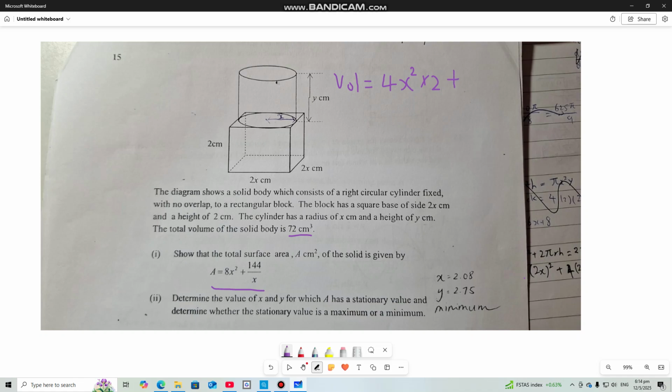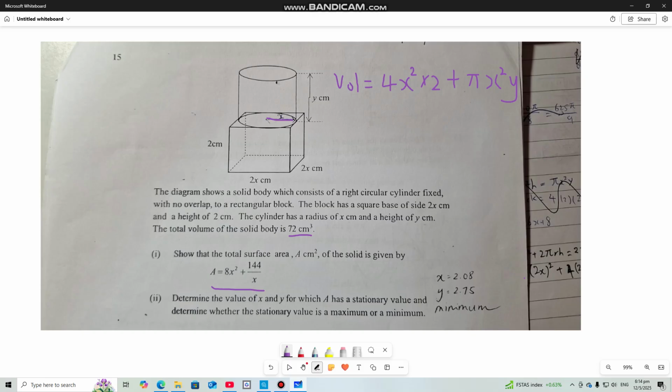That will be of course pi r squared. Now in our case here, the radius is actually x here. Okay, so we will do x to the power of 2, right? And then we will multiply it with our y. Okay, so that's how it works over here.